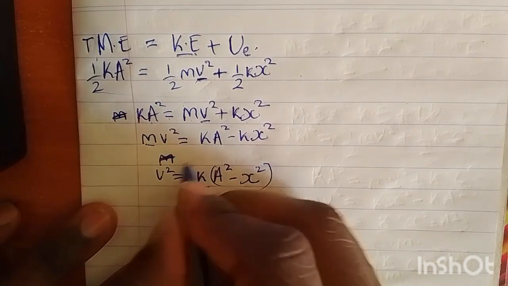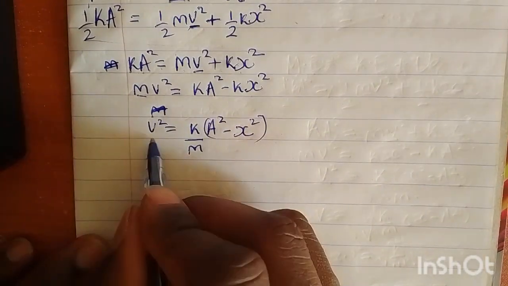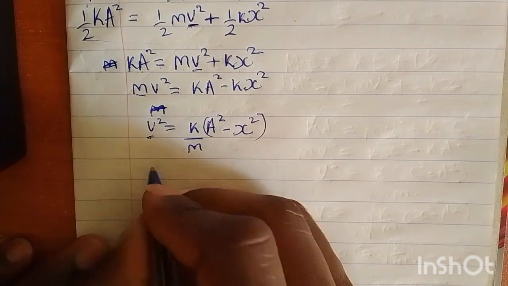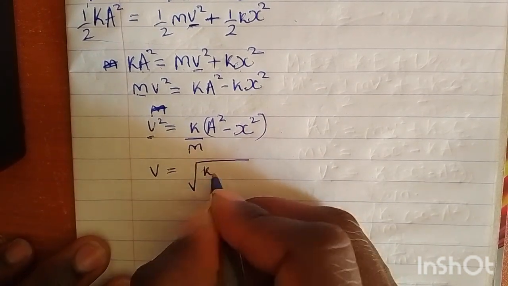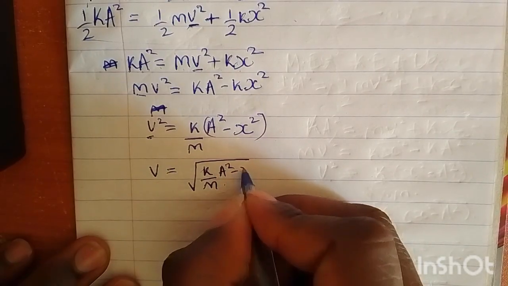Now from this point onwards, get the square root. Velocity is equal to the square root of k over m times amplitude squared minus displacement squared.